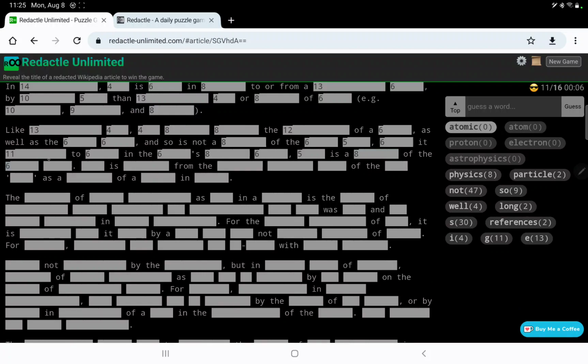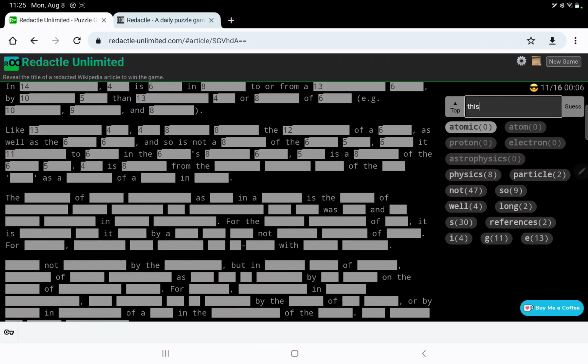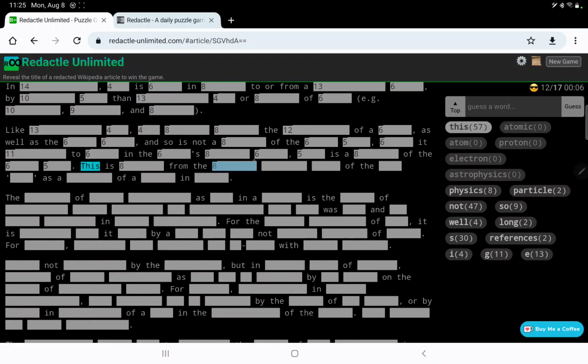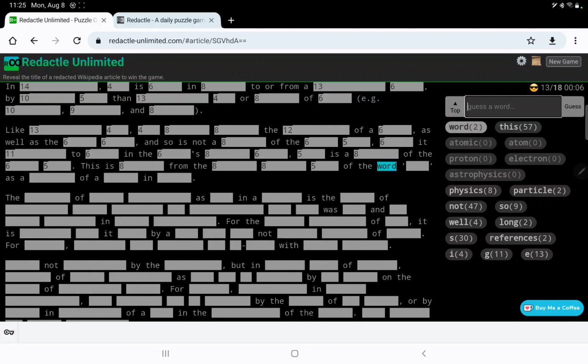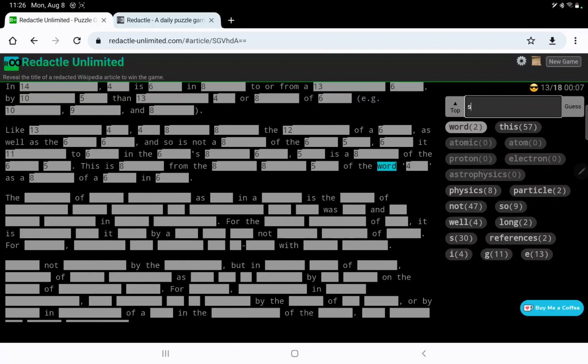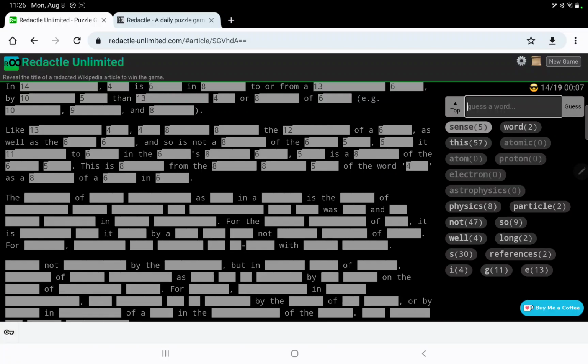5 is a 8 of the 6, 5. This is, yes, is not derived from the 8, 8, 5 of the word 4 as a 8 of a 6 in 6. Is it the sense of the word?